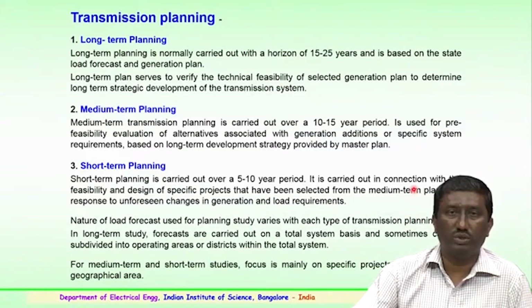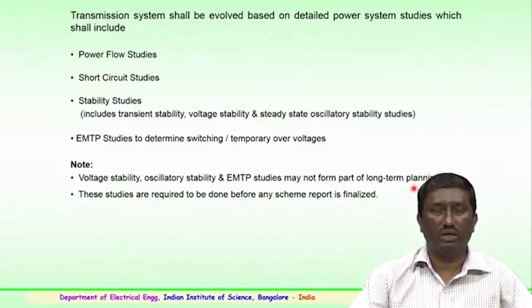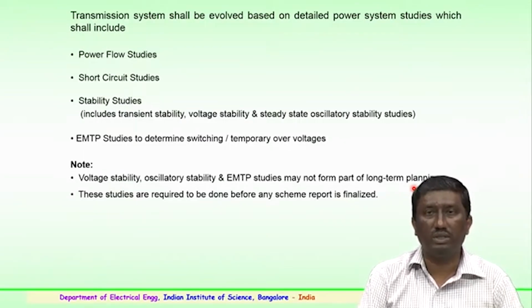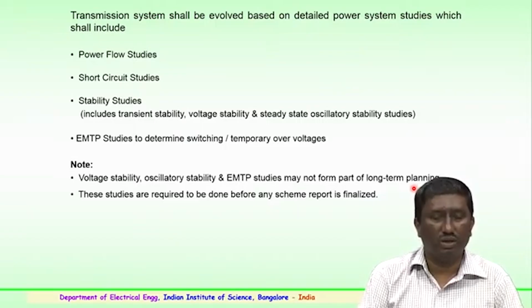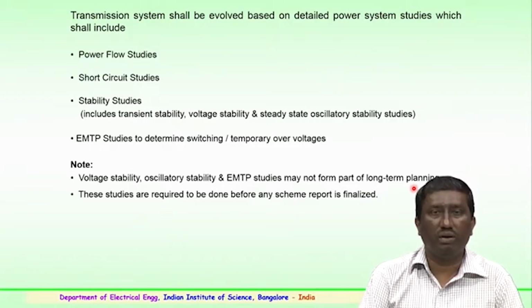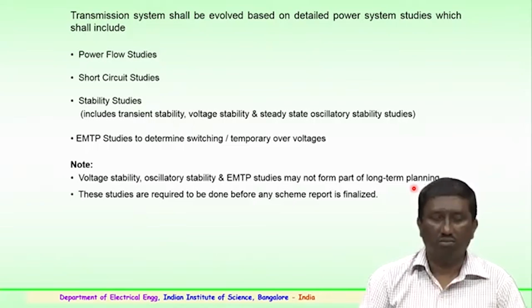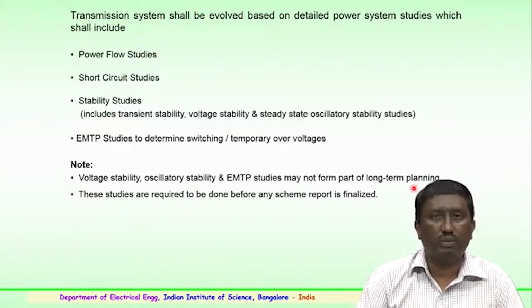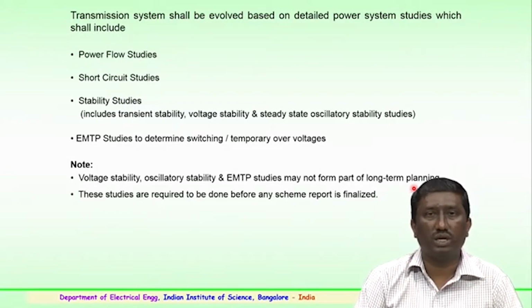So, this is how transmission planning is normally done, and the transmission system is normally evolved based on detailed power system studies, which include the following. For any planning of the transmission or distribution, these pertinent studies have to be conducted: the power flow study, the short circuit studies, and the stability studies.